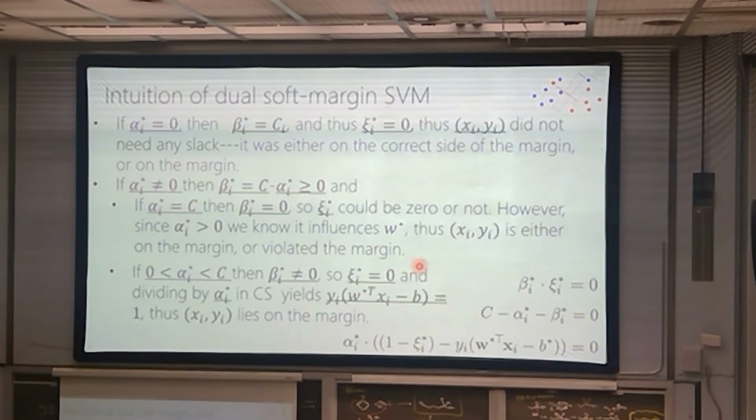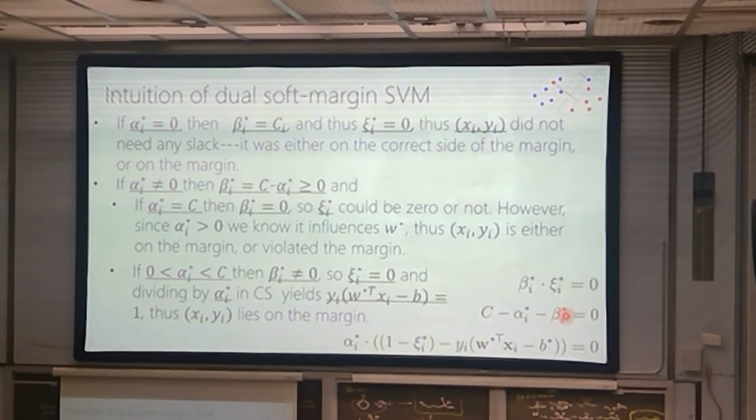And then finally, if alpha is not equal to 0 and it's not equal to C, then we know that it's somewhere between 0 and C. And if that's true, then how does this one work? Then beta cannot be equal to 0, or that wouldn't be true, so that's from the second condition. And if beta is not equal to 0, then that means epsilon is equal to 0.